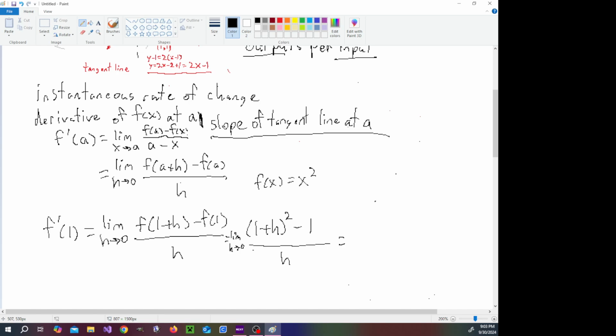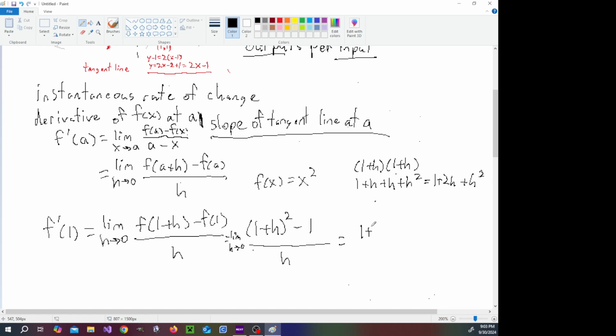Well, now I can expand out 1 plus h squared, right? This is 1 plus h times 1 plus h. 1 times 1 is 1. 1 times h is h, times 1 is h, and h times h is h squared. So this is 1 plus 2h plus h squared.